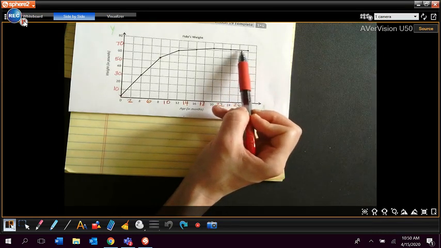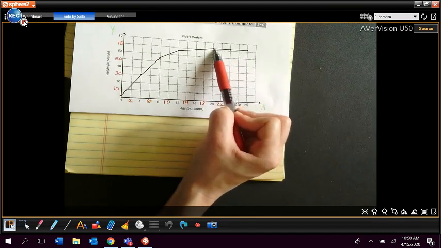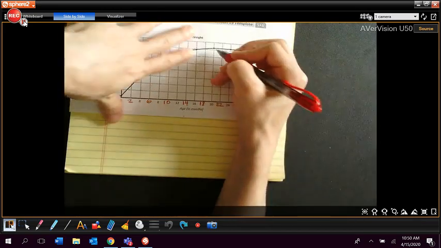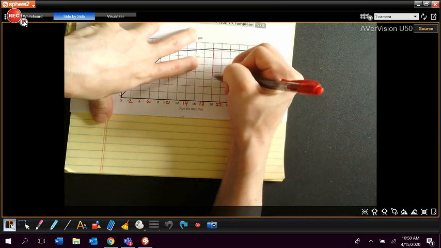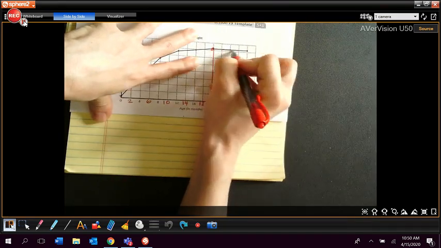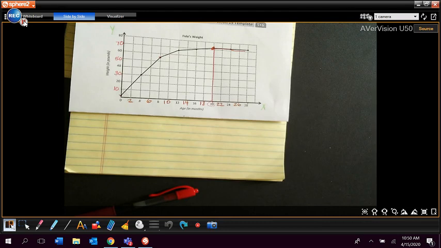So when did he actually stop growing or gaining weight? When he was 20 months. This is when he stopped gaining weight, because from here on, we can see his weight was stabilized. It was the same. So this would be 20 months. That is when he stopped gaining weight.